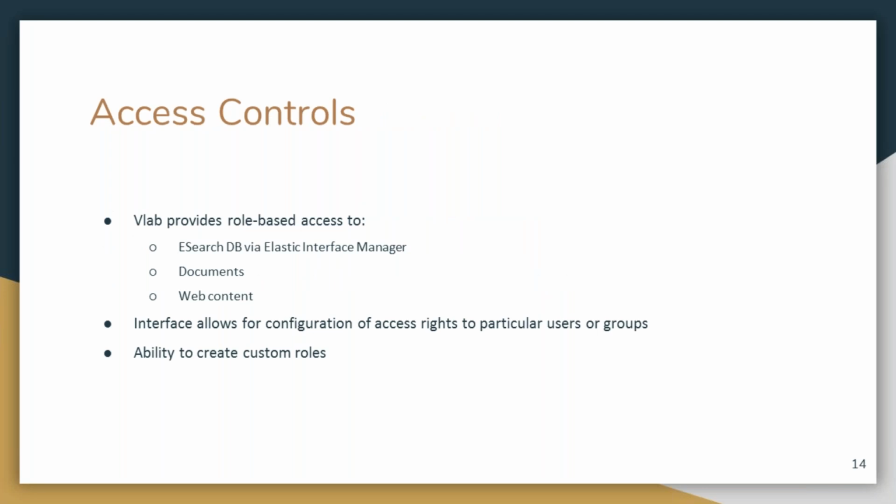Access controls. I just said this. Who can update the Elasticsearch? Who can get the documents? Who can get the web content? Users and groups. Custom roles. Basically, the whole framework for presenting a rich, interactive, secure, multi-level, reliable capability is already there.